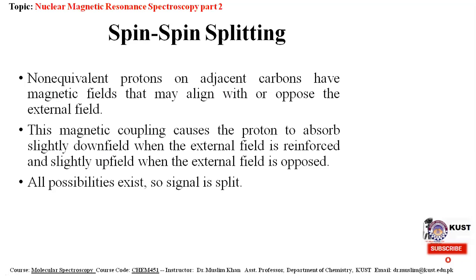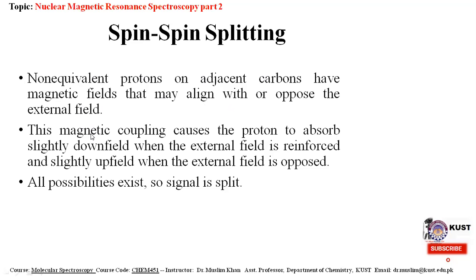So the signal is splitting. Once again, I want to repeat. In NMR spectra, the signal is sometimes split. Basically, non-equivalent protons on adjacent carbons have magnetic fields that may align with or oppose the external field.